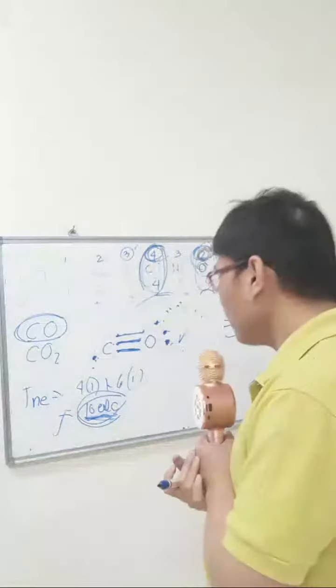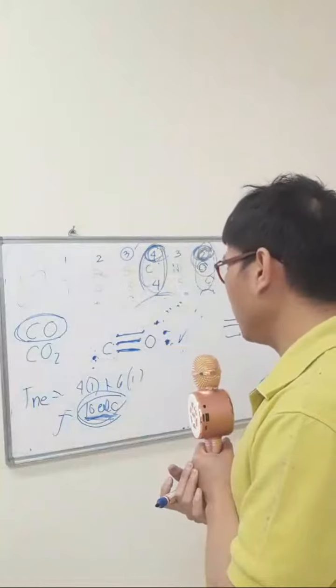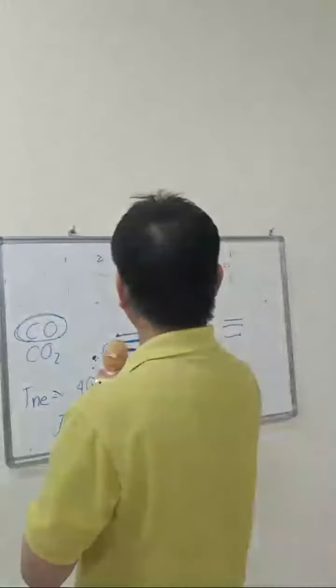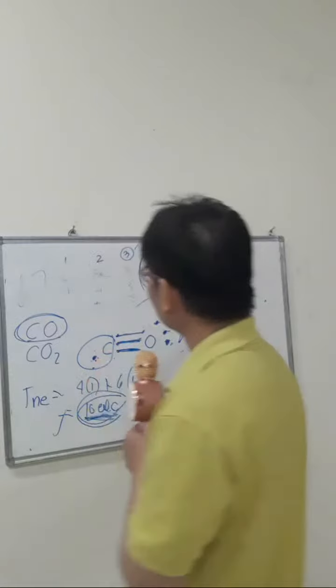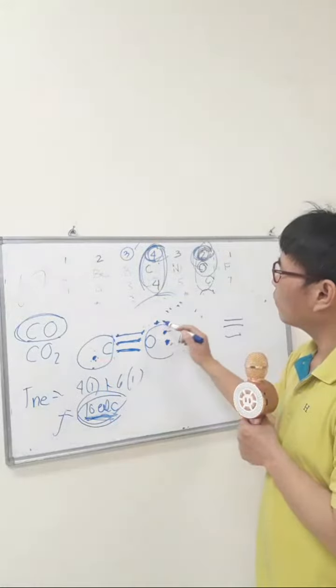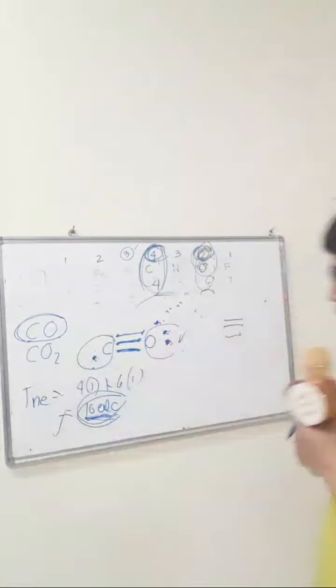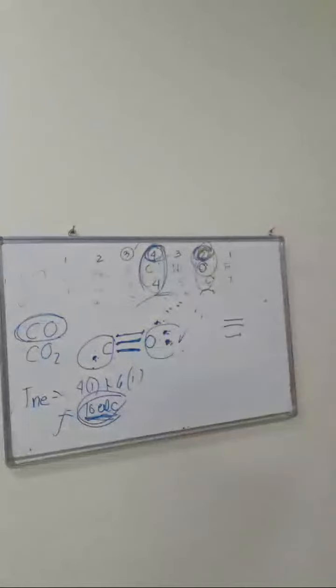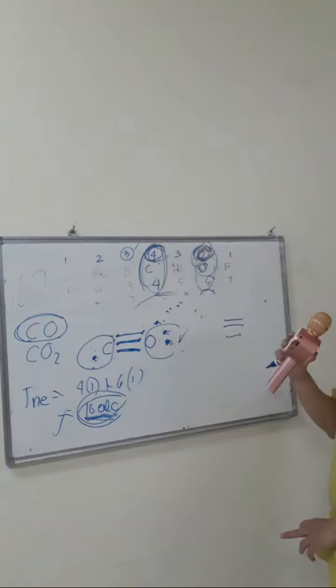Now, what will happen in this situation? The carbon and oxygen are also balanced. So which of the following has more electrons unshared?